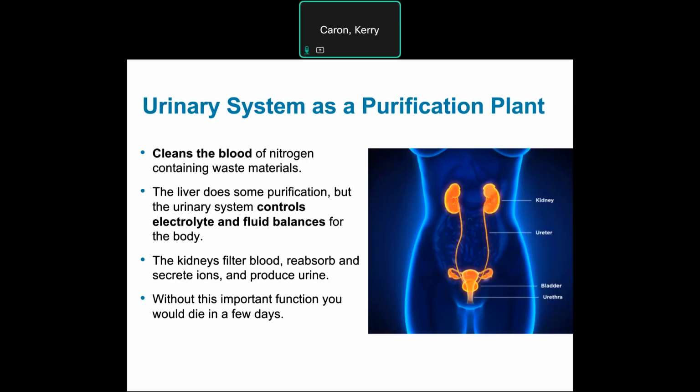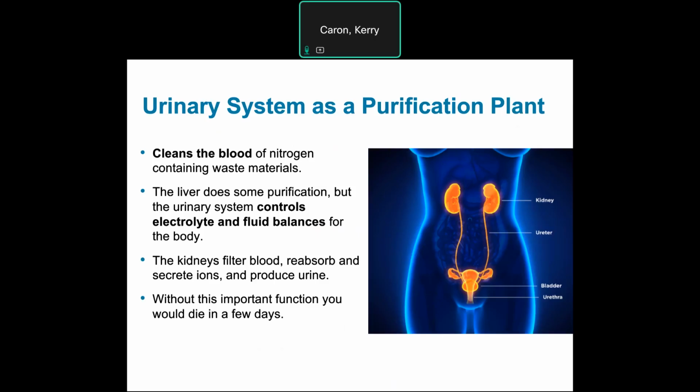The urinary system is a purification plant. It's cleansing the blood of nitrogen. We do not need nitrogen built up in our body, especially not ammonia. The liver does some purification, but the urinary system really controls electrolytes and fluid balances. It's going to filter blood, reabsorb, secrete, and produce urine.